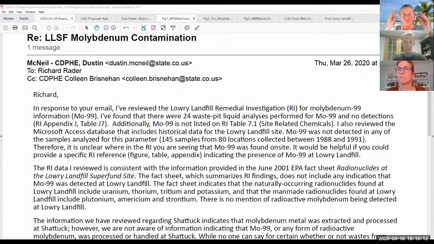So I looked at the database for the first half of 2019. That was the most recent available at that point in time. And I noticed there were 145 samples analyzed for molybdenum-99 at approximately 80 different locations between 1988 and 1991. And all of those were also non-detect for molybdenum-99. And also in the RI, Mo-99 was not identified as a site-related chemical.